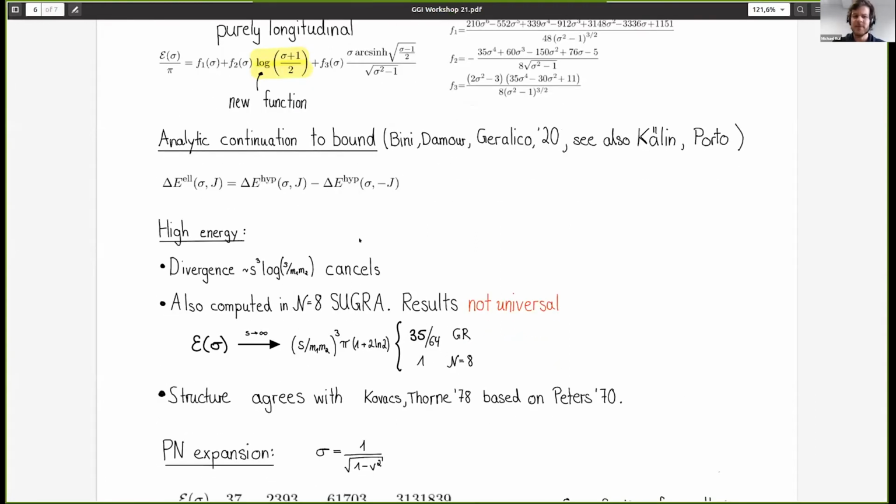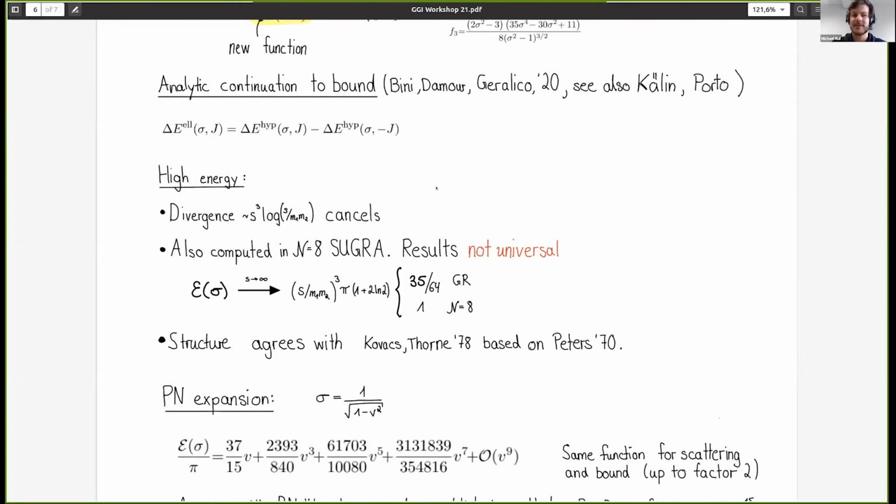Okay. With the result at hand, we can do some studies. The first thing we, of course, looked at is that the high energy logarithmic divergence cancels. We also computed the very same thing in N=8 supergravity. And we find, relating to some earlier studies of universality in these classical models, that the radiation is actually not universal. And I think that's something that might be understood from the fact that the messengers are different in N=8.